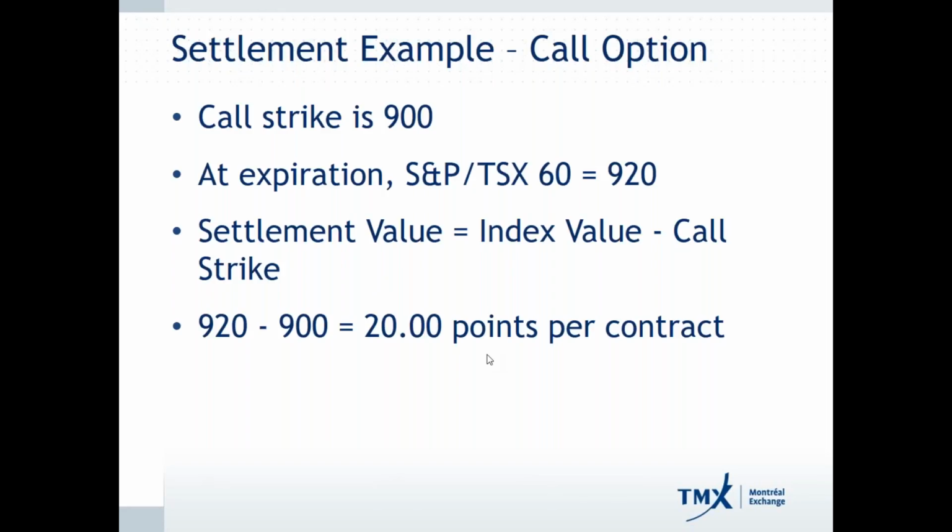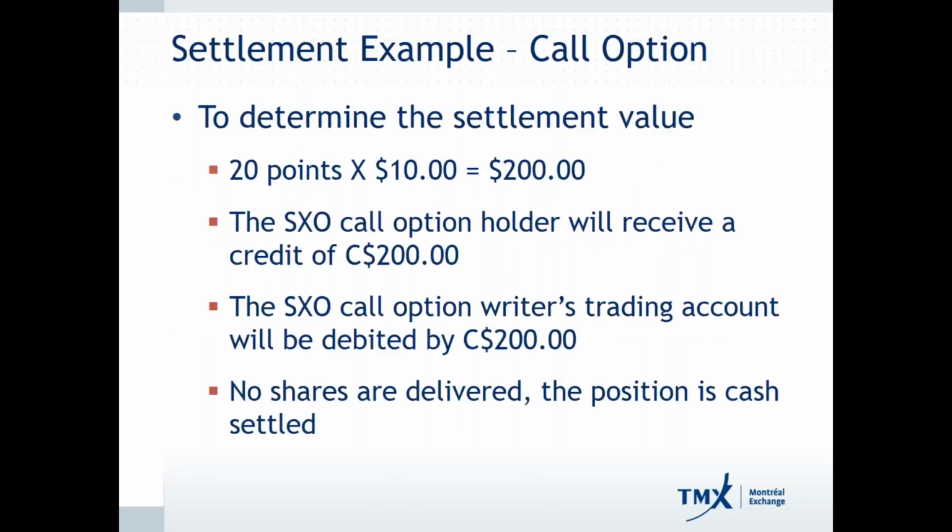Then, when we factor in the multiplier, 20 points times $10 means that the settlement value, what will be deposited in Canadian dollars, is $200 per contract. So the SXO call option holder will receive a credit of $200, and the SXO call option writer's trading account will be debited by $200.